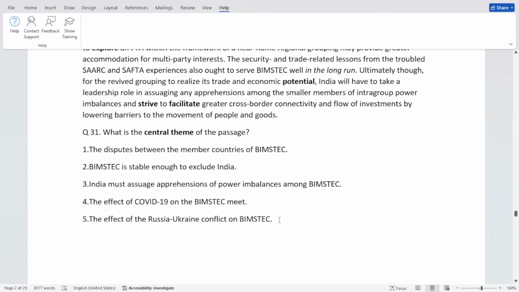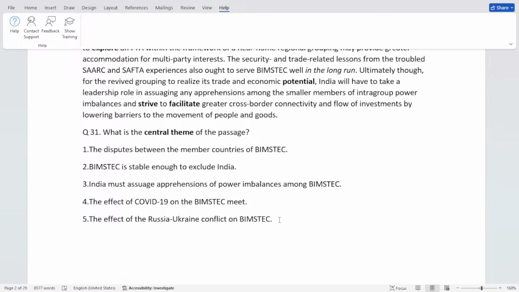What is the central theme of the passage? They are asking about the theme of the passage: the disputes between the member countries of BIMSTEC, BIMSTEC is stable enough to exclude India, India must assuage apprehensions of power imbalance among BIMSTEC, the effects of COVID-19 on the BIMSTEC meet, the effects of the Russia-Ukraine conflict on BIMSTEC.